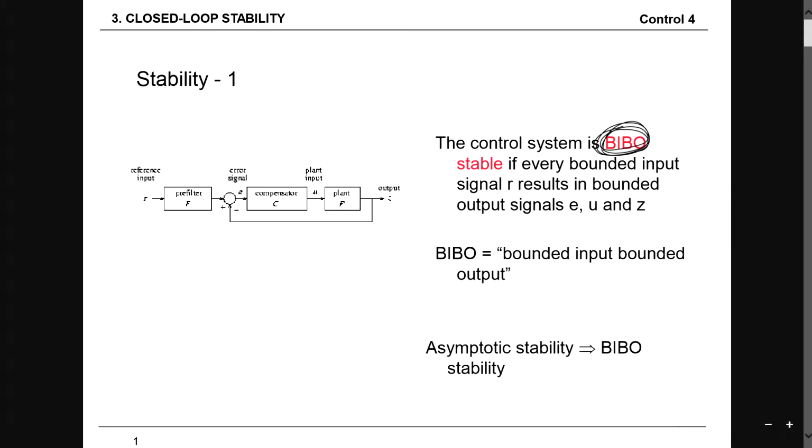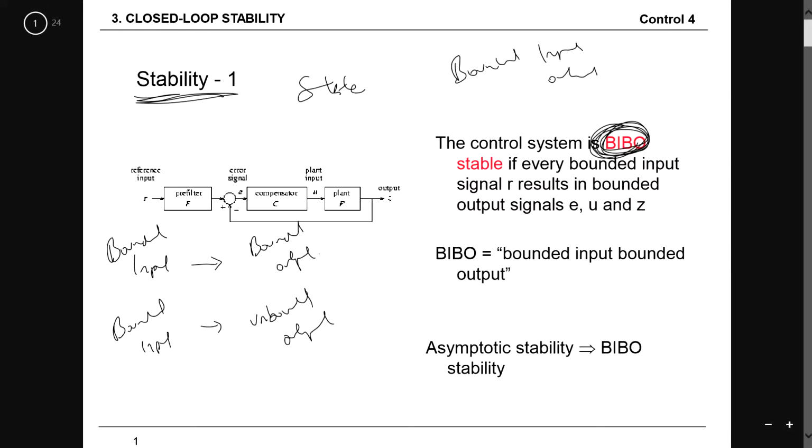Therefore, as we said earlier, stability is talking about the state. And if you talk about state, we're gonna talk about BIBO, meaning bounded input, bounded output. Alright, for example, if I have a bounded input, meaning some values, if I input 5, I know that at the end of the day I would have about 10, or maybe approximately 20.